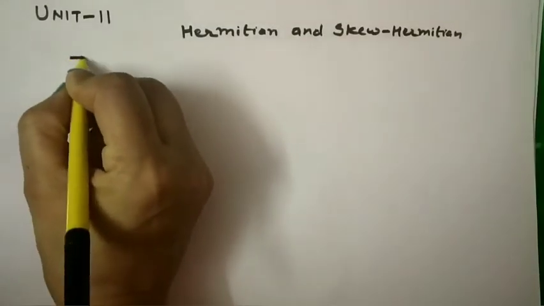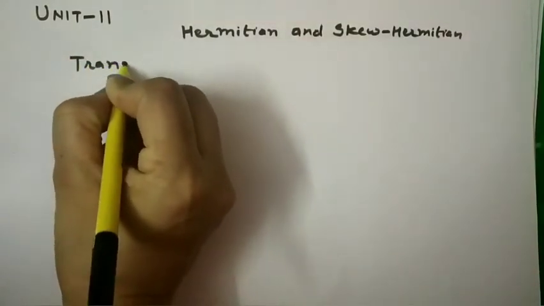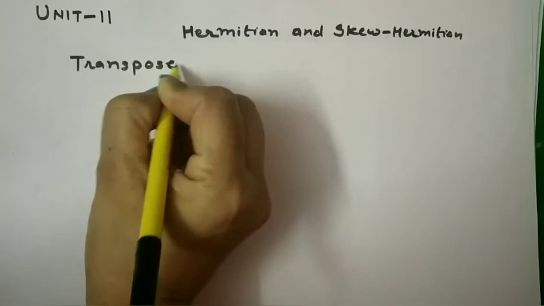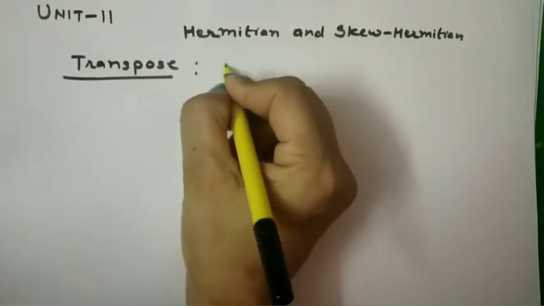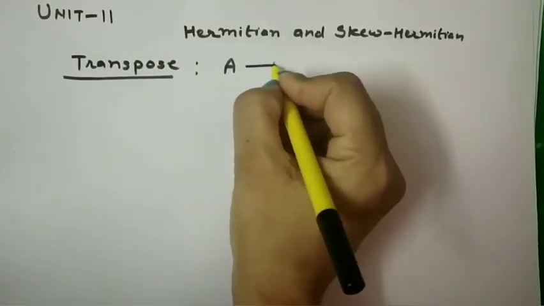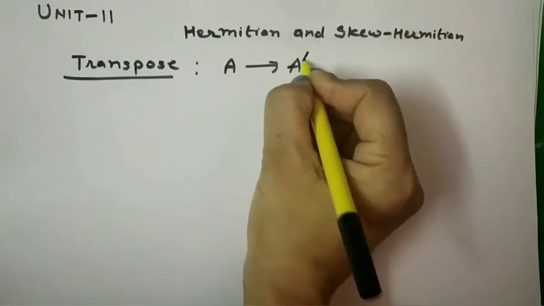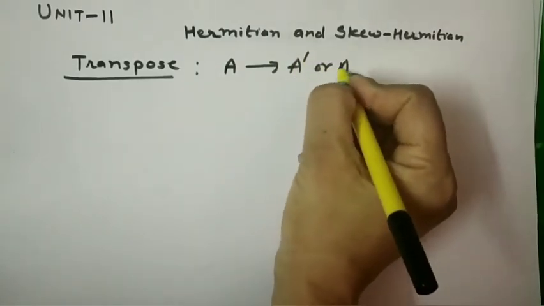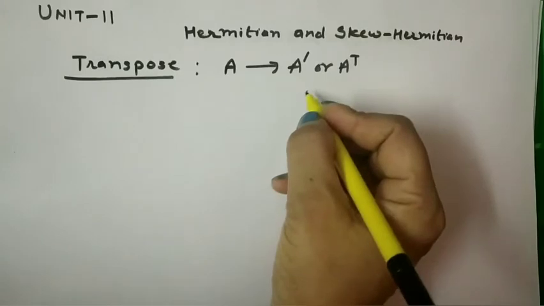First is the transpose of a matrix. If you have a matrix A, then its transpose is denoted by A dash or A transpose. How is it obtained?